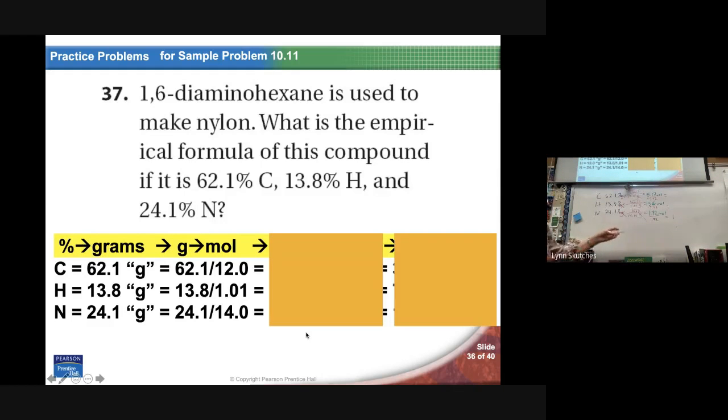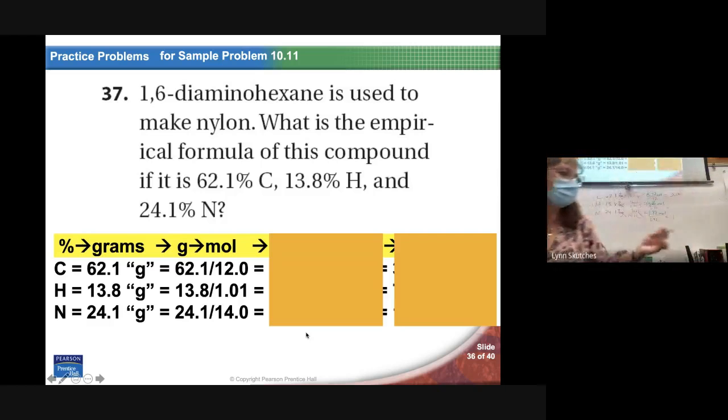Colin, what do you get for carbon? Okay. Yeah, so we'll just call it 3. Okay, everybody good?